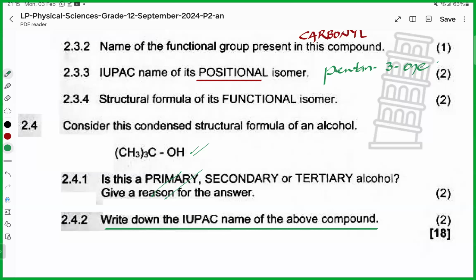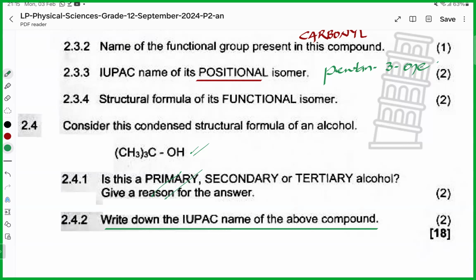Yes, it's an alcohol. Butan-1-ol also. So is it butan-1-ol?